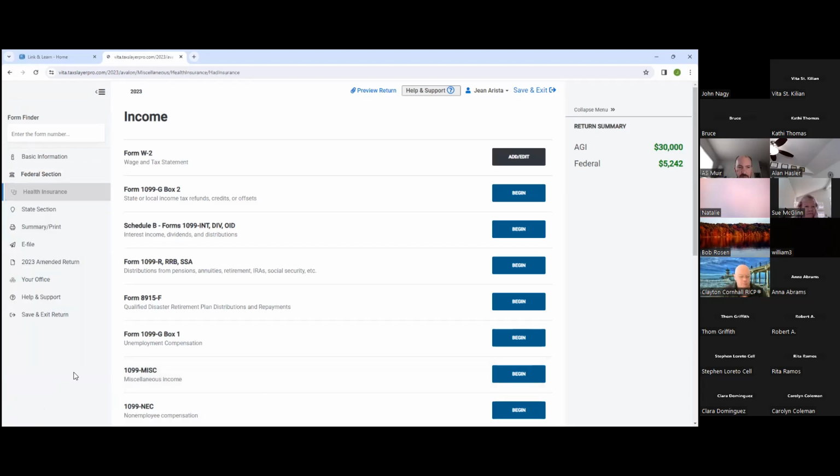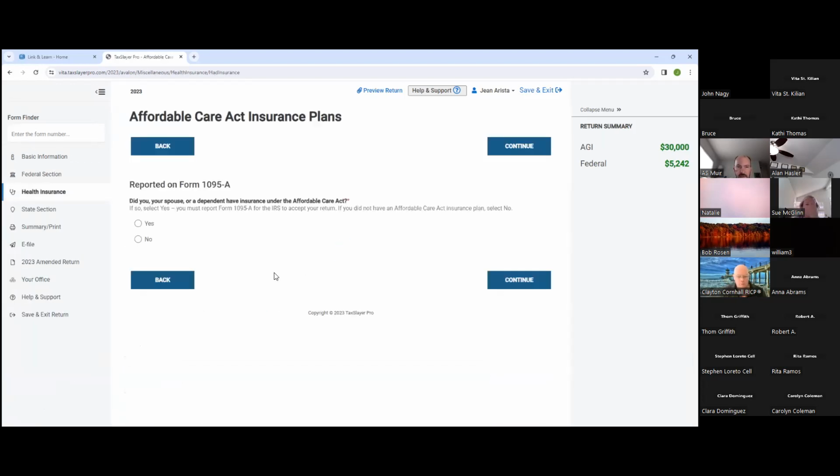Okay, health insurance. Now today we are not going to go through Covered California, but next week we will. If you're not familiar with Covered California, it's simply the California equivalent to the federal exchange. And if you remember, in 2010, Congress passed, and the president signed, the Affordable Care Act, which was voluminous, well over 1,000 pages.